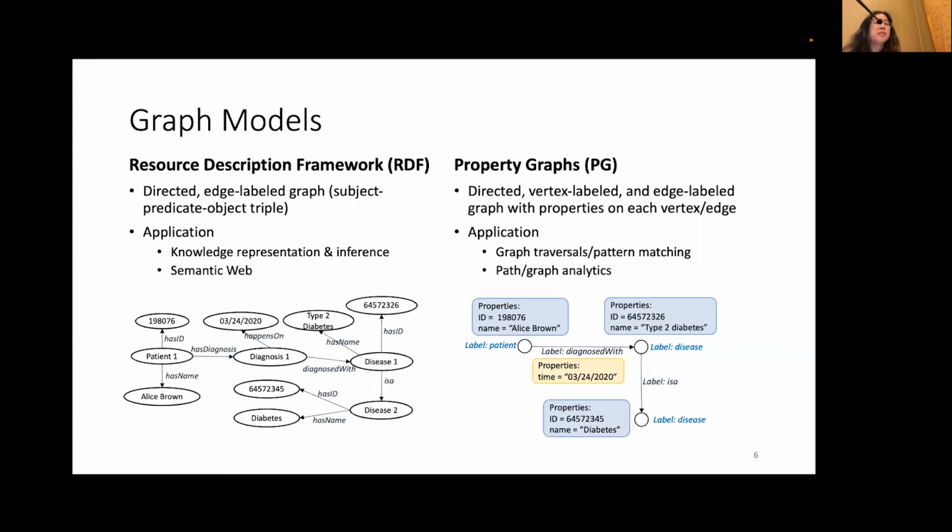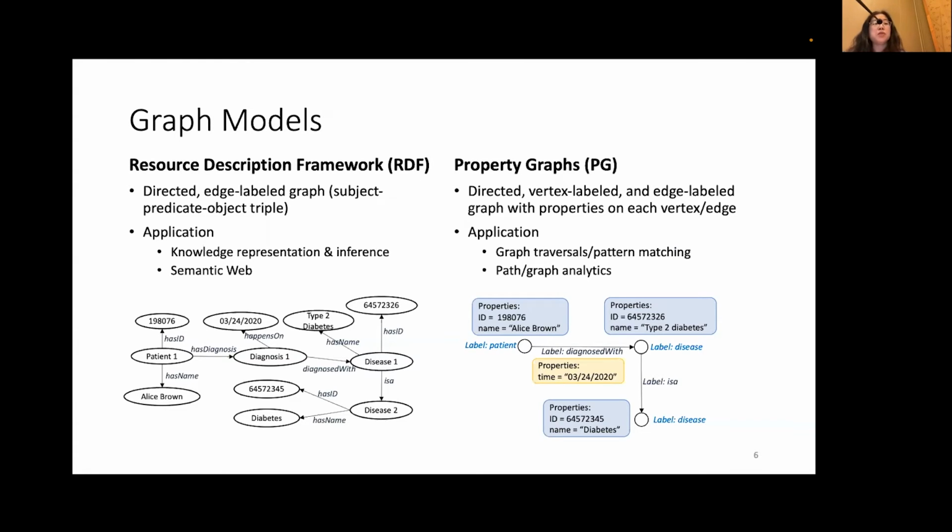So now let's look at the graph models. In the graph database industry, I see two prominent graph models. One is the RDF model, the other is the property graph model. The RDF graph is basically a directed edge-labeled graph represented by subject, predicate, and object triples. And it is often used in knowledge representation, inference, or web semantic types of applications.